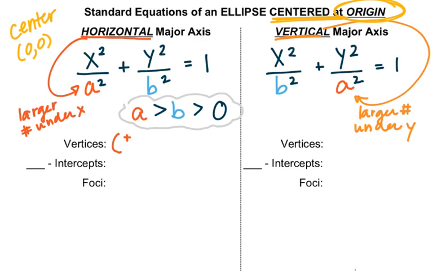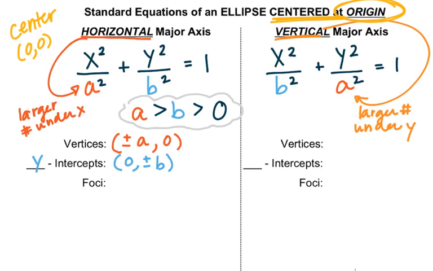So I'll have 2 points, positive and negative a, comma 0. So my minor axis is going to be vertical, my shorter axis, and that's going to give me y-intercepts. So I'm traveling up and down b units, or plus or minus b.